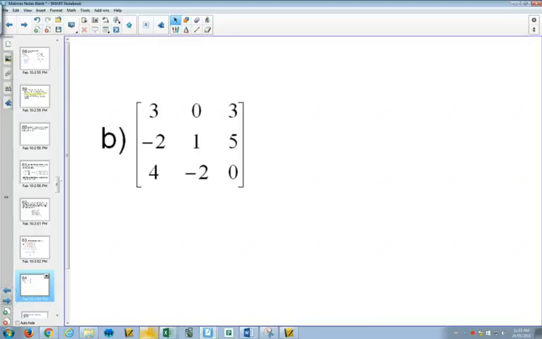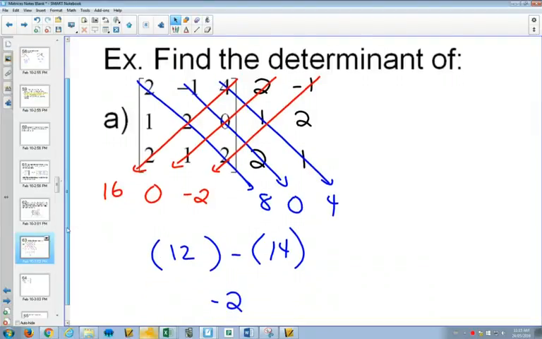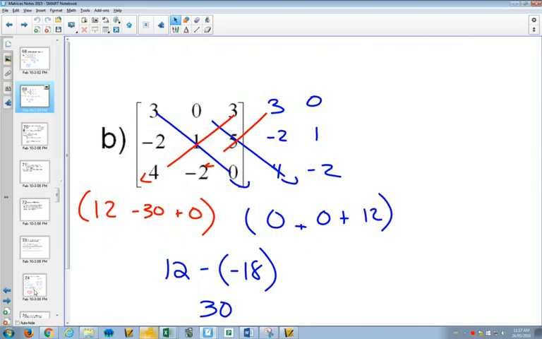So here's one for you to try. Yeah, I can go back. So the determinant is 30.